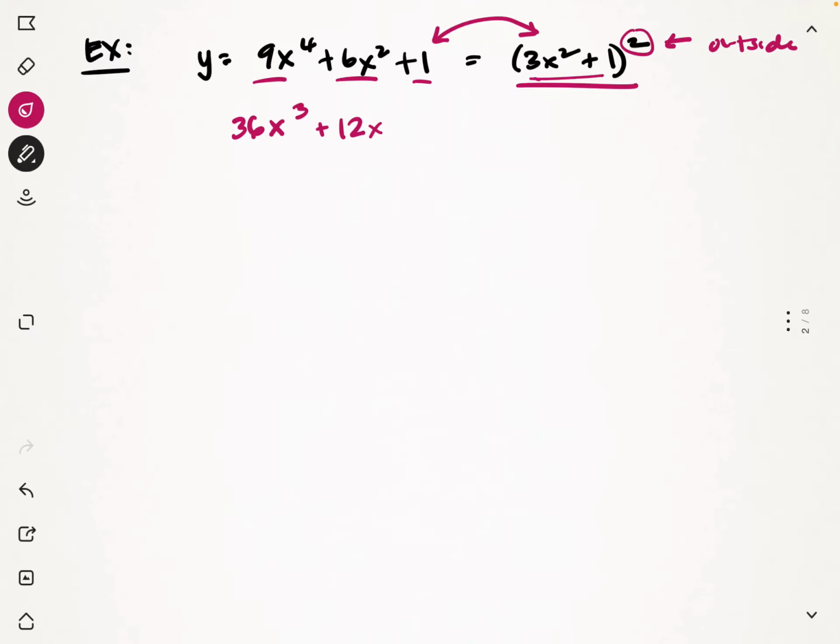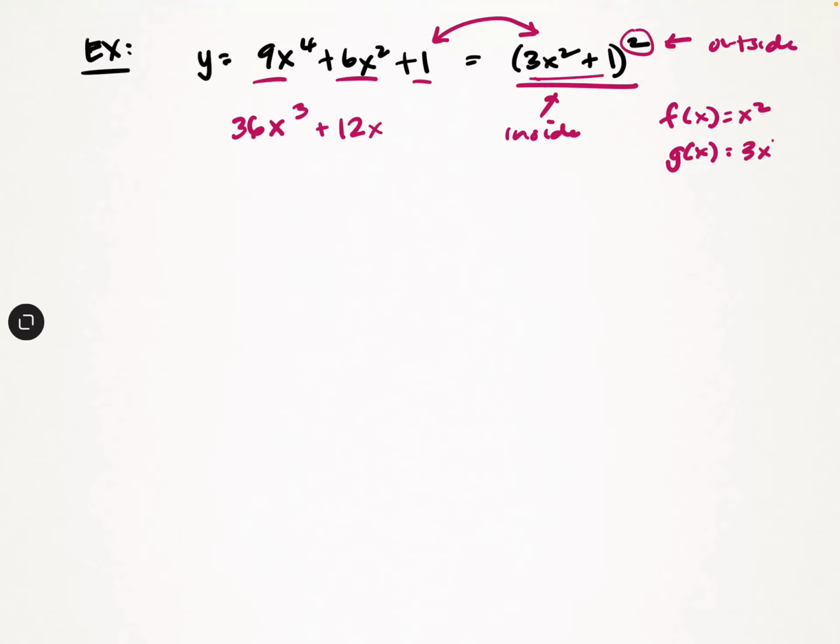So our outside function, if we were to do composition, would be f of x is x squared. Our g of x would be the inside, which is 3x squared plus 1.